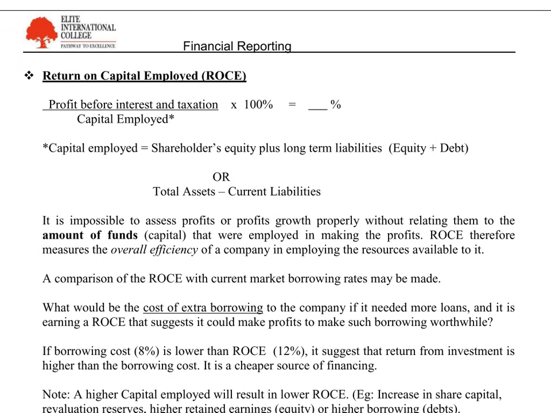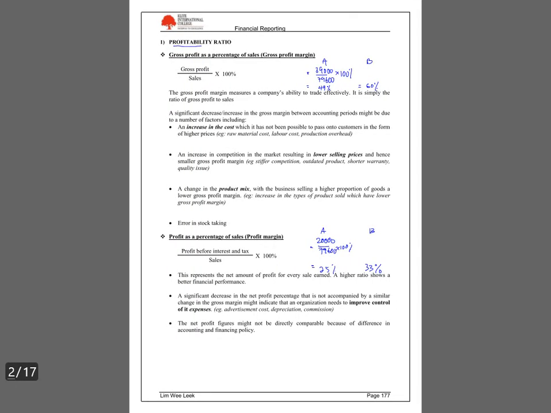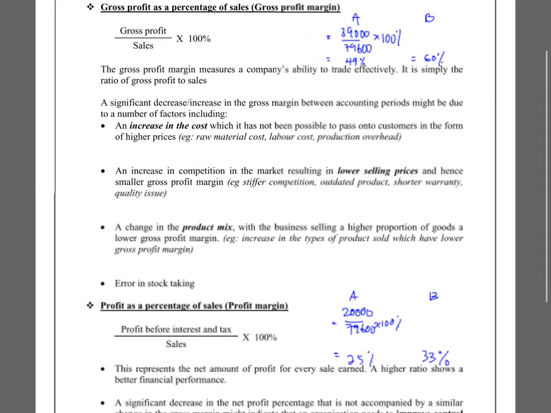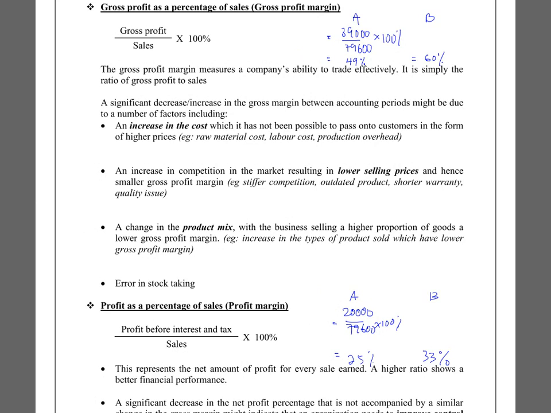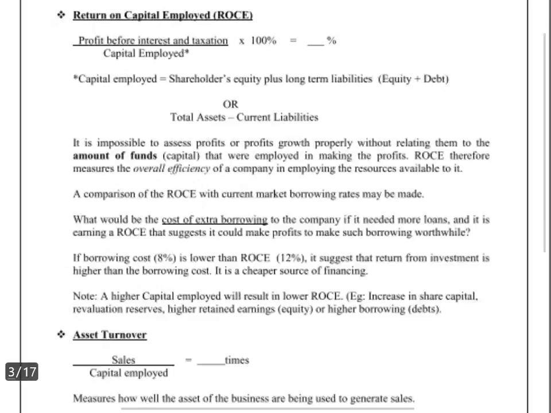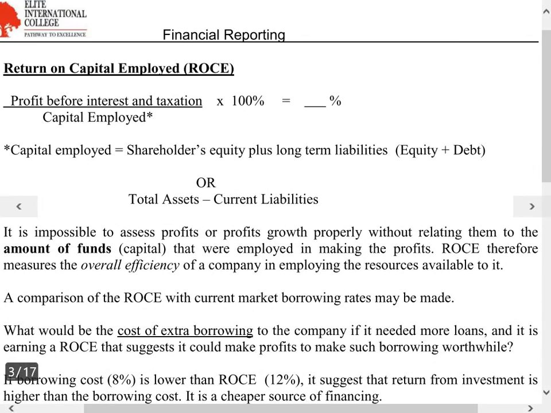ROCE. Okay, ROCE is PBIT, which is 20,000, over capital employed.